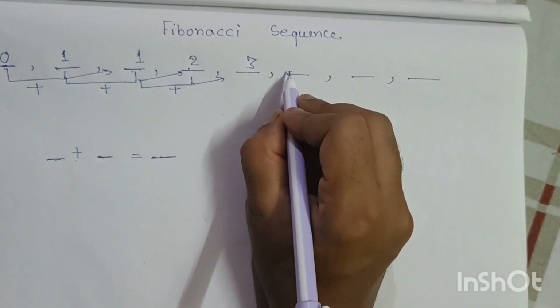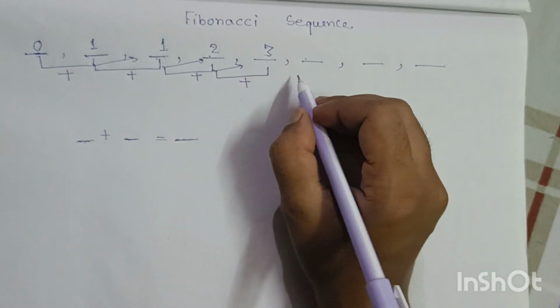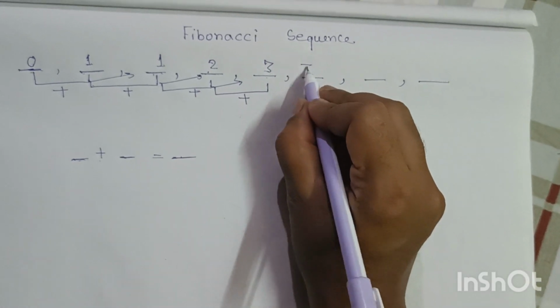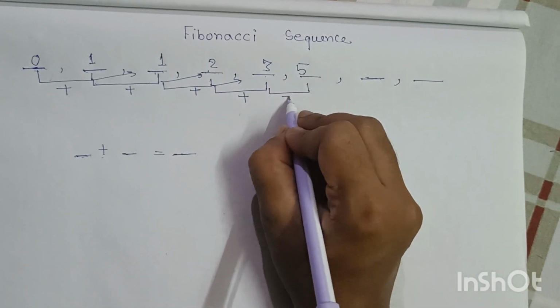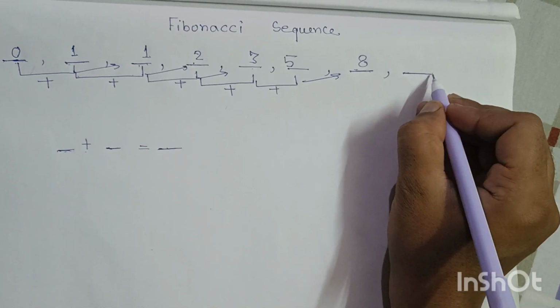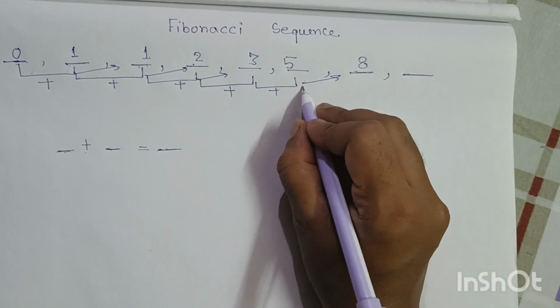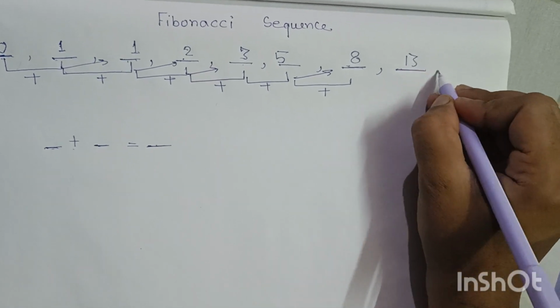Now for this term, we'll add 2 plus 3. 2 plus 3 will get 5. Now next, 3 plus 5 will get 8. Now again, for this next term, we'll add 5 plus 8. 5 plus 8 will get 13.